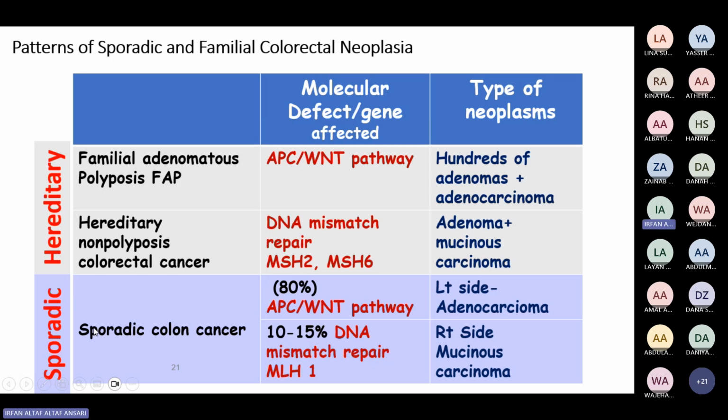So this is the gene. When it comes to sporadic, you look for MLH1. When it comes to hereditary, you look at these two, MSH2 and MSH6.